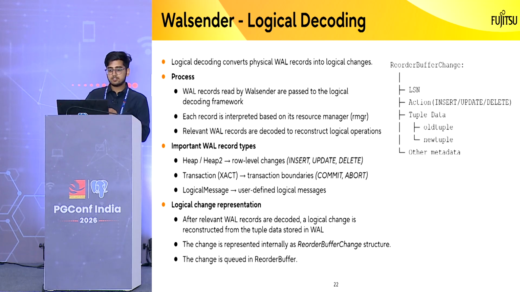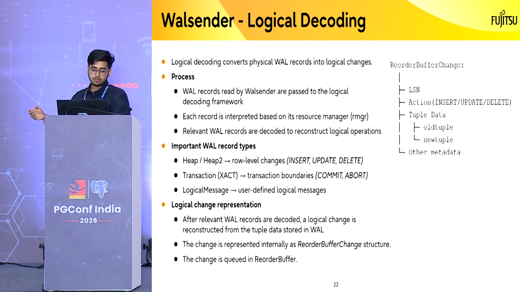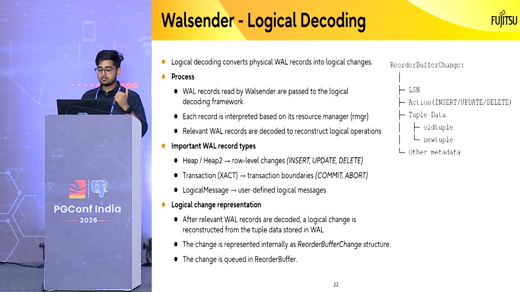The second one is of type transaction, for commit records or abort records, and the third one is of type logical message. This kind of WAL record is generated for custom messages, like if a user wants to send some type of custom message, this type of resource manager is used.